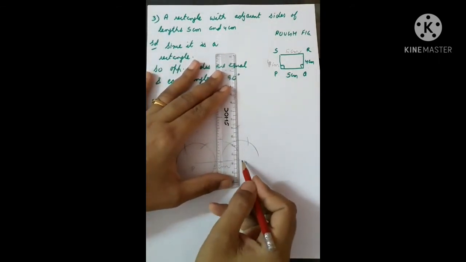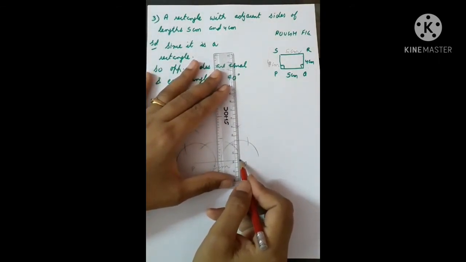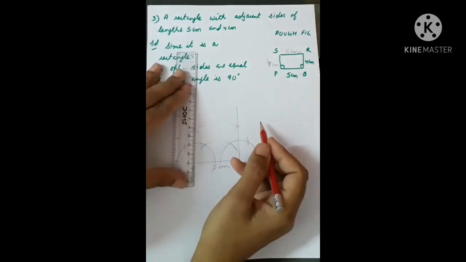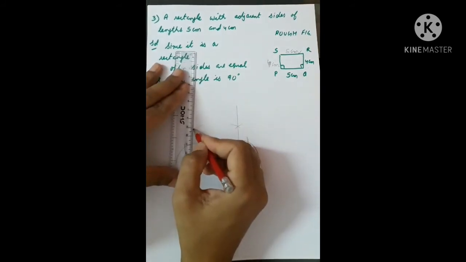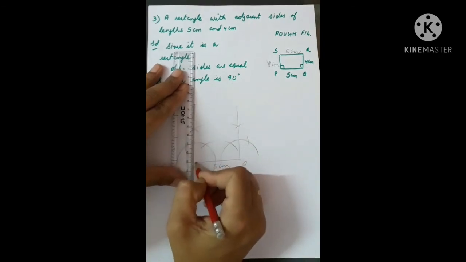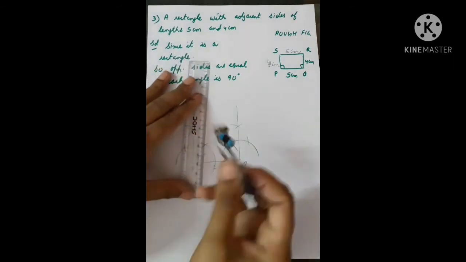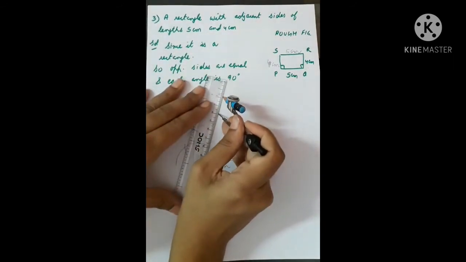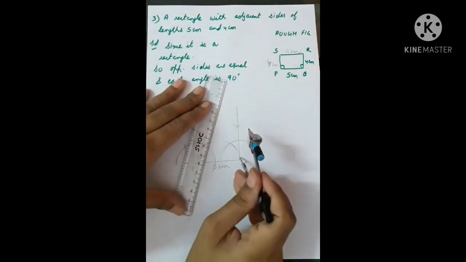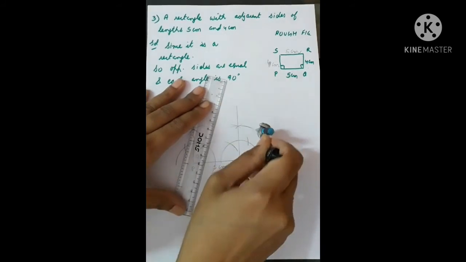PQ is 5 centimeter. Now when you join, you will get this straight line here and here also the straight line, making a 90 degree angle. Next is RQ is 4 centimeter. So I will open the compass 4 centimeter, keep it at point Q and swing an arc.